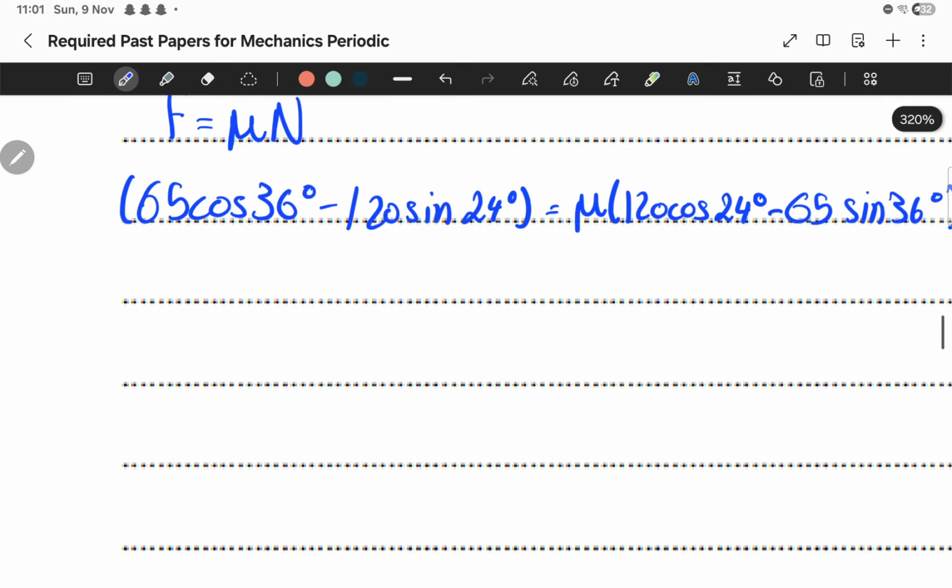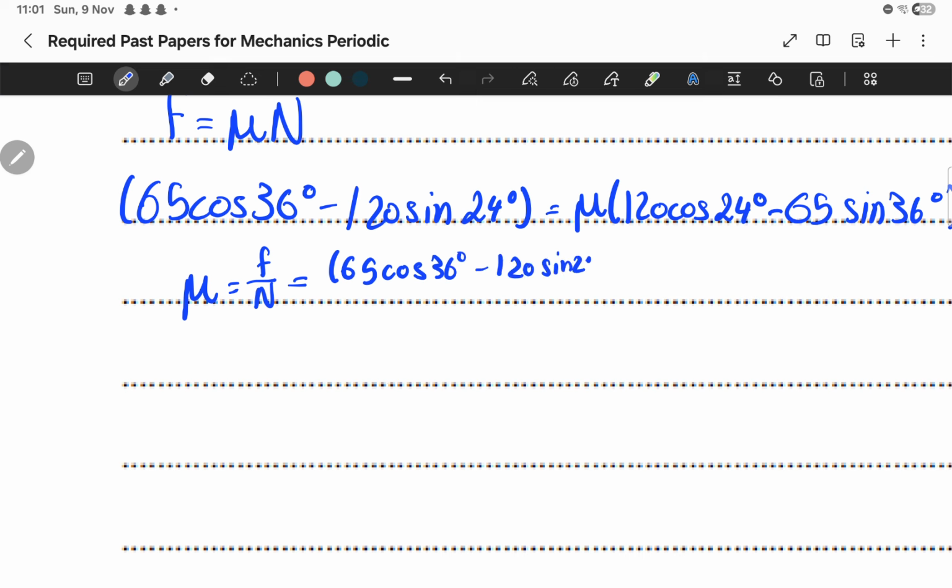Okay, now mu is equal to friction over the normal, which is equal to 65 cosine 36 degrees minus 120 sine 24 degrees over 120 cosine 24 degrees minus 65 sine 36 degrees.